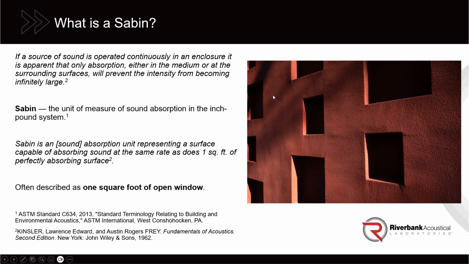In this photo to the right, we have an illustration of a wall, where some of the surfaces are reflective to light, and some parts are not reflective. They're basically like a hole where the light goes in and doesn't come back. So you could think of a Sabin as being like 1 square foot of this open window where none of the sound is reflected back. A hard, solid surface will reflect sound back, and a sound absorptive surface will consume it so that it doesn't reflect back.